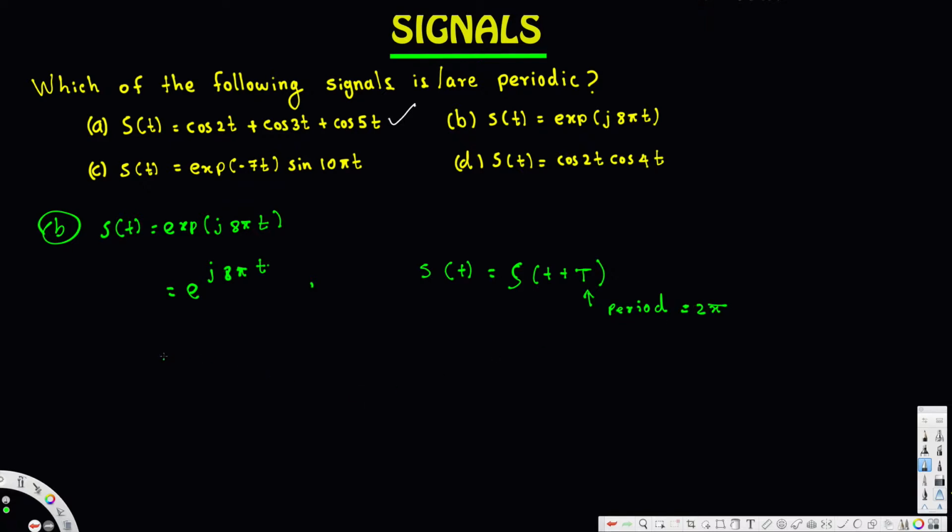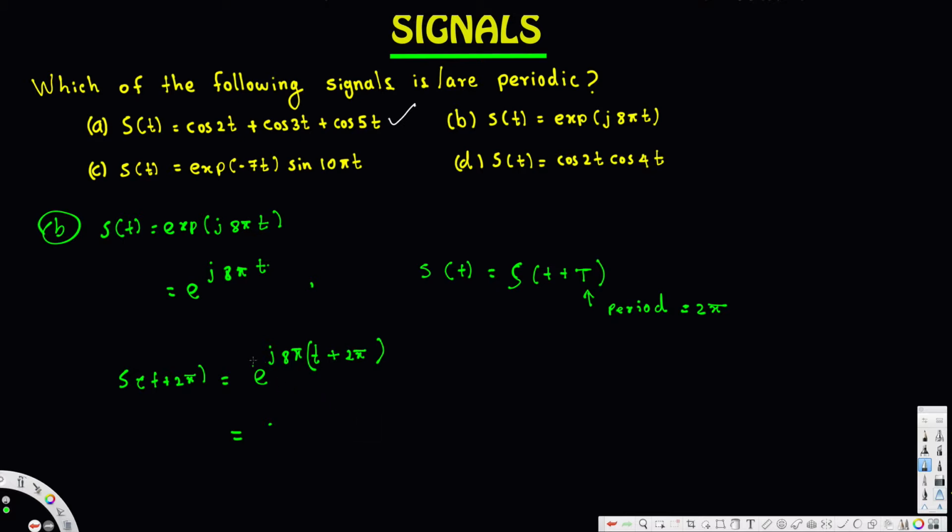Now we are going to see what we get for s of t plus 2π. That's e to the power j8π, and instead of t, we plug in t plus 2π. Here we use Euler's identity to expand this. It can be expanded as cos of 8π(t plus 2π) plus j sine of 8π(t plus 2π).